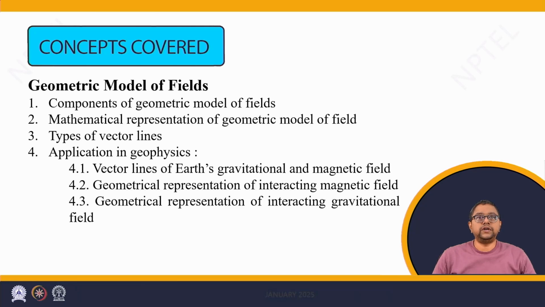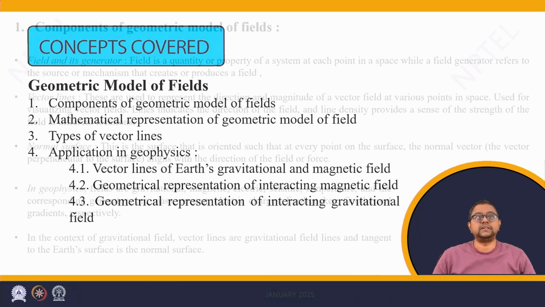Then we will look into various applications of the fields and the geometric models in geophysics. We will be focusing on the Earth's gravitational and magnetic field vector lines. We will also be looking into the geometrical representation of interacting magnetic and gravitational fields.